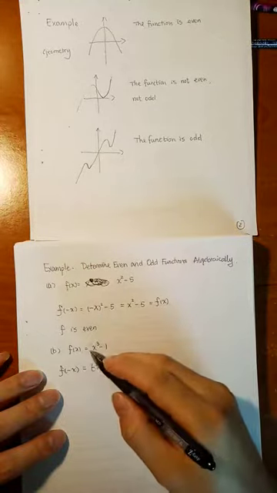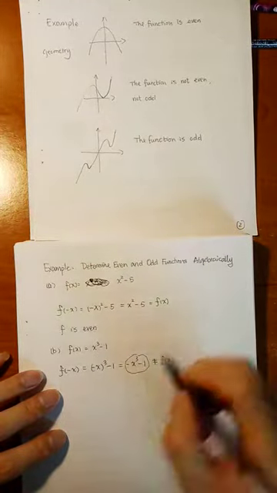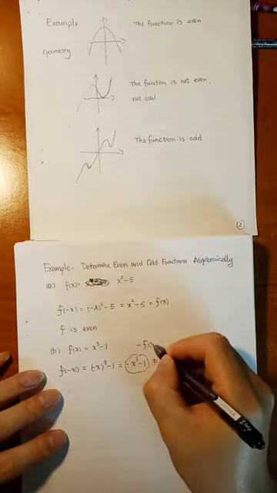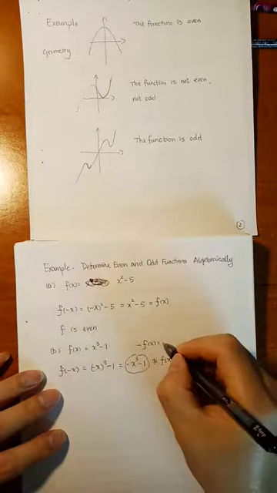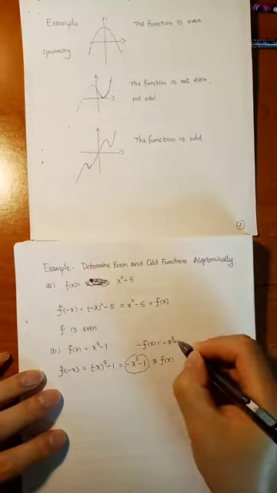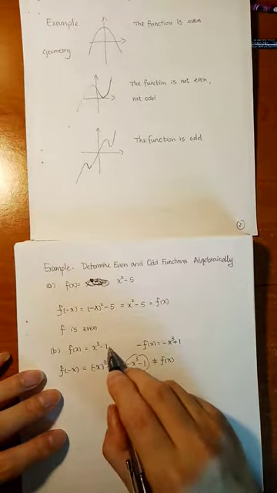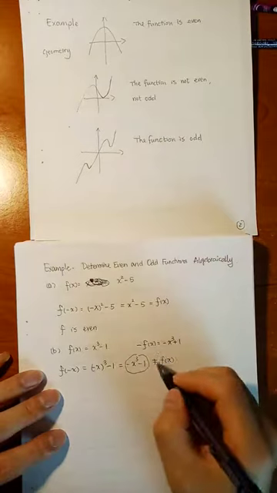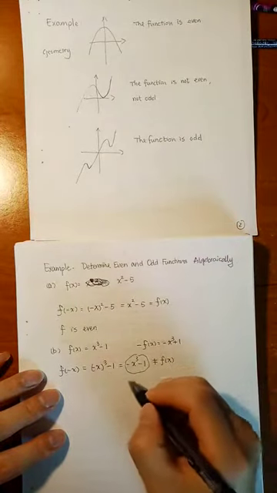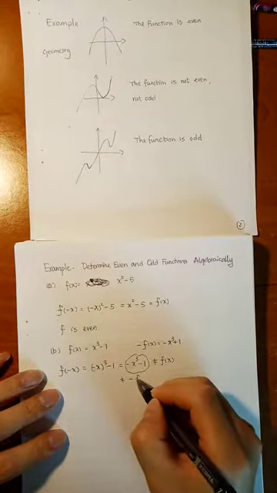And also, even if you put a negative sign, negative f of x is negative x cubed plus 1. Negative f of x would mean negative x cubed, and negative 1 is positive 1. So it is not equal to f of x. It is not equal to negative f of x.